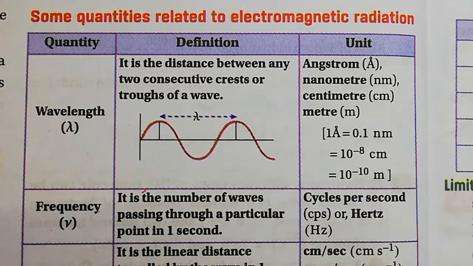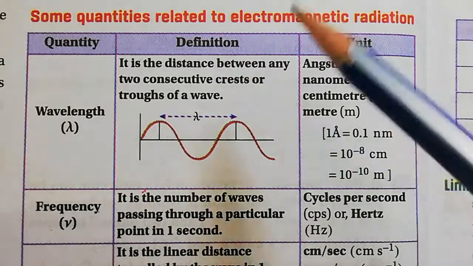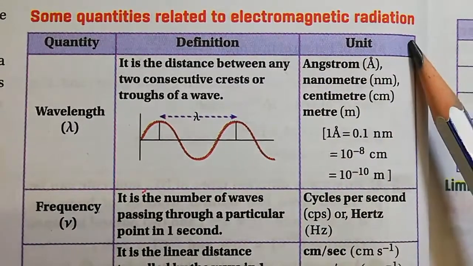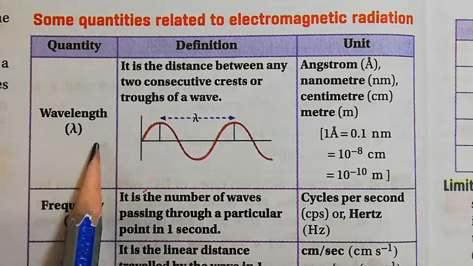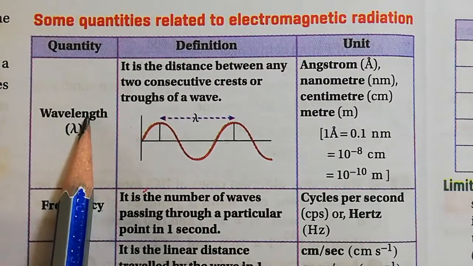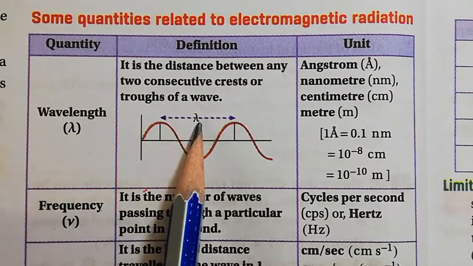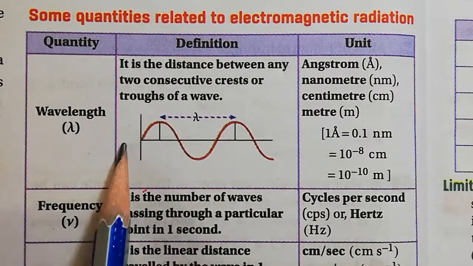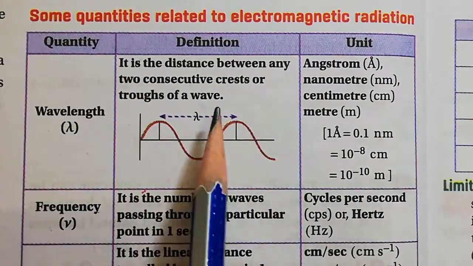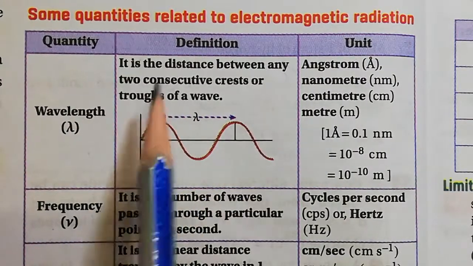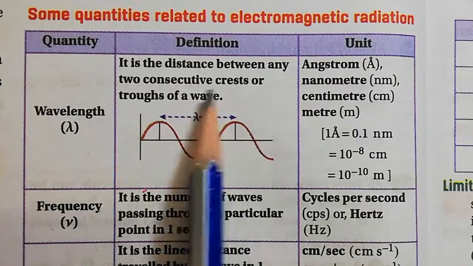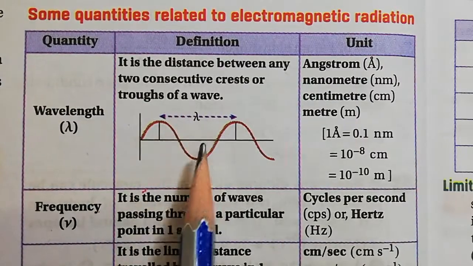Now we shall discuss some quantities related to electromagnetic radiation, and the very first one is wavelength. Wavelength is shown by the sign lambda. It is the distance between any two consecutive crests or troughs of a wave.